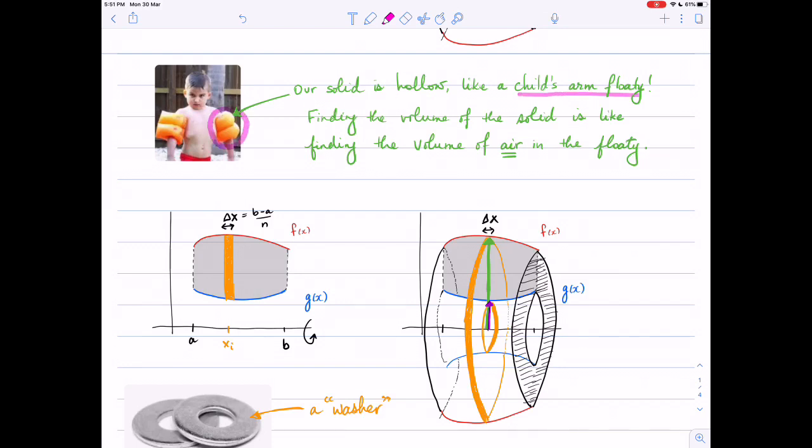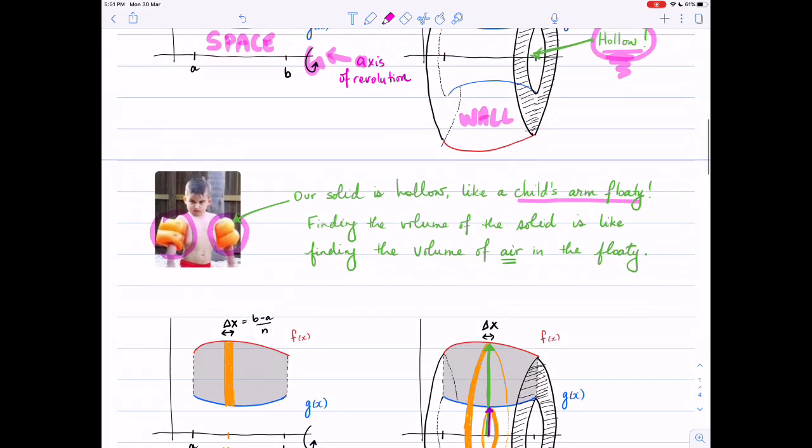The solid is hollow, and you can stick your arm right through the center. The volume we're looking for is like finding the volume of the material in the floaty device, so the thick walls.